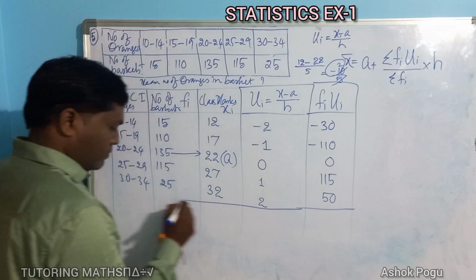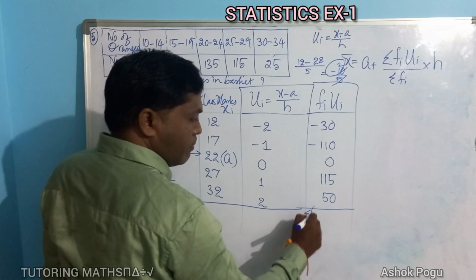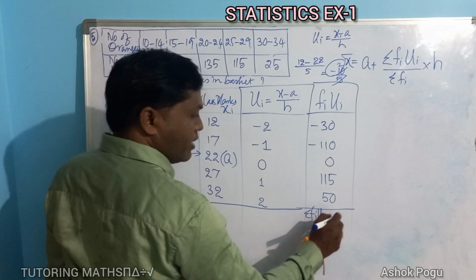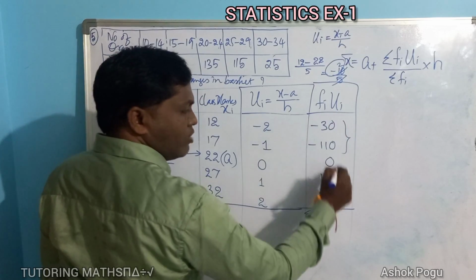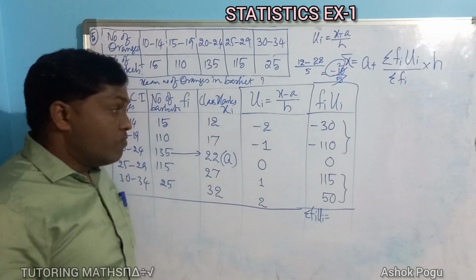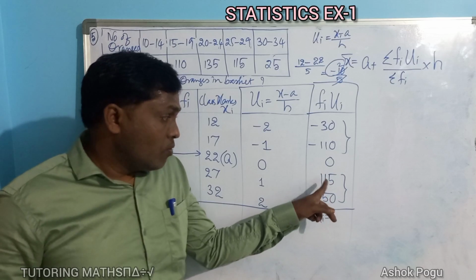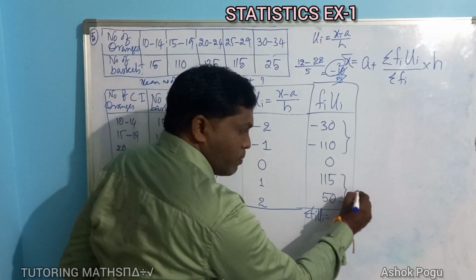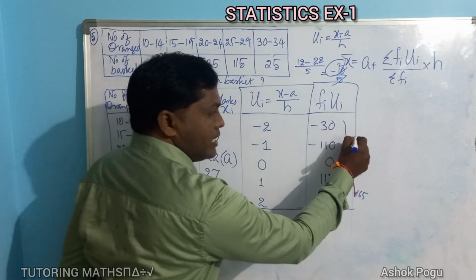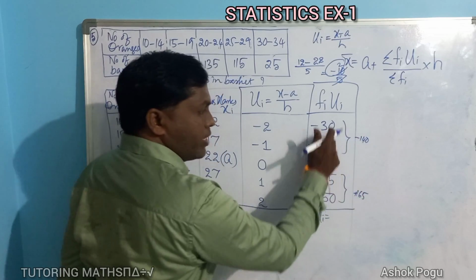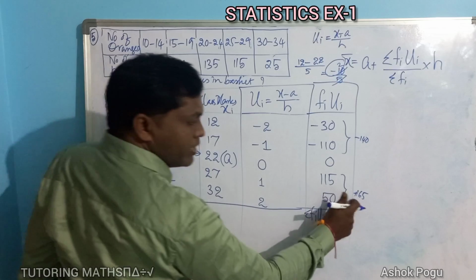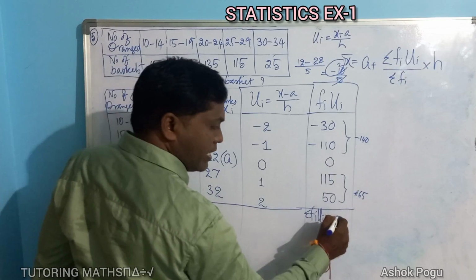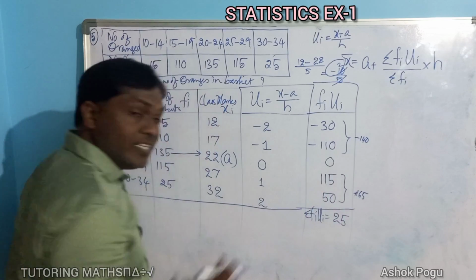Now find sigma Fi Ui. Here we have negative values and positive values. First of all, find the positive values: 115 plus 50 is 165. This gives plus 165 and this gives minus 140, the sum of these two results.